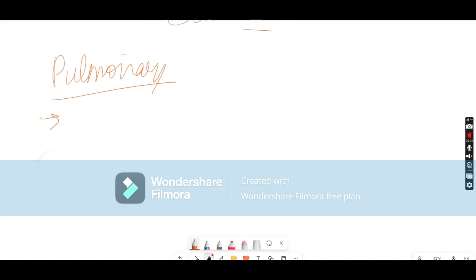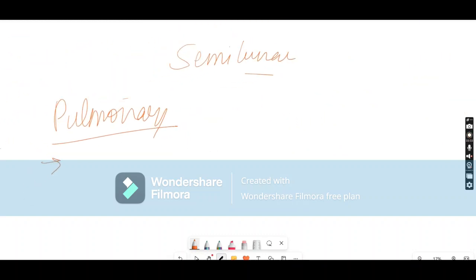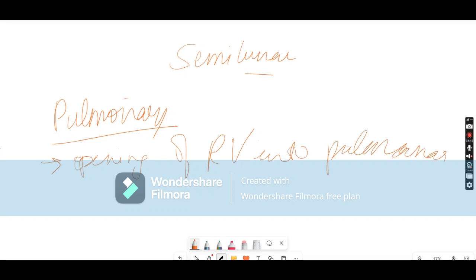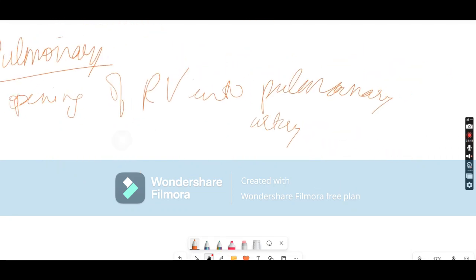So the pulmonary semilunar valve is located at the opening of the right ventricle into the pulmonary artery.